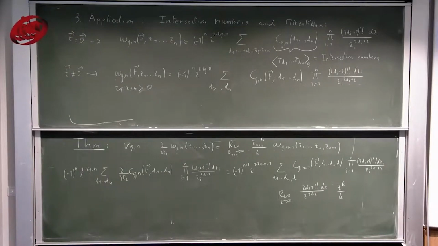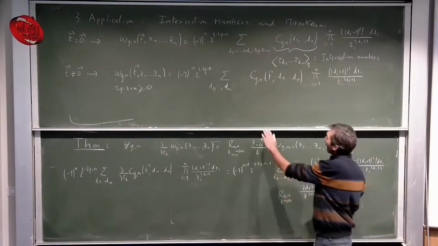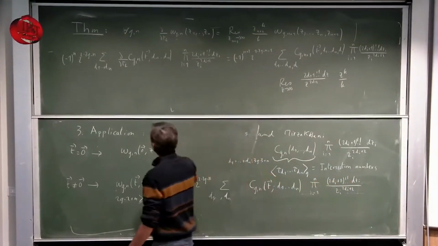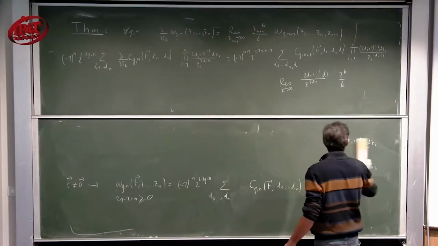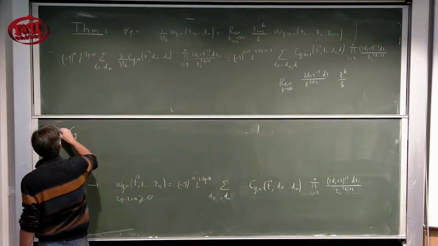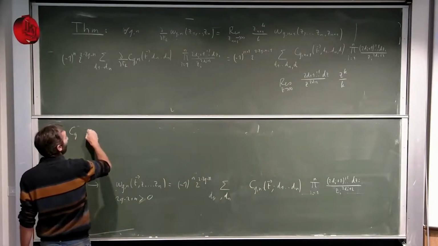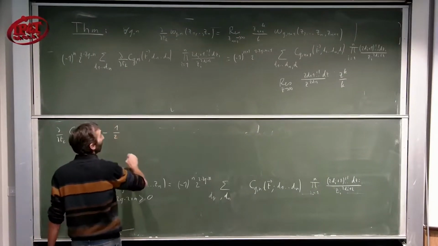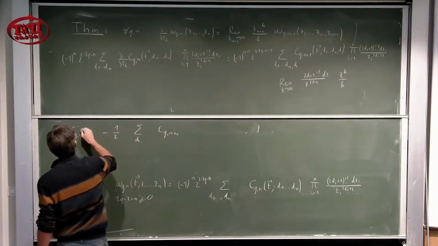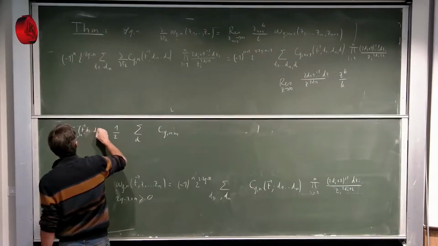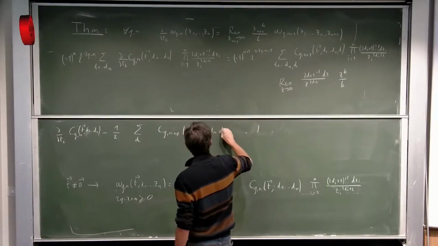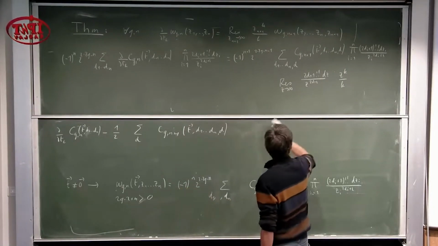This is easy to see. It implies that d over dt_k of C_{g,n} is minus 1/4 sum over d of C_{g,n+1} of d1 ... dn, d, times this residue.